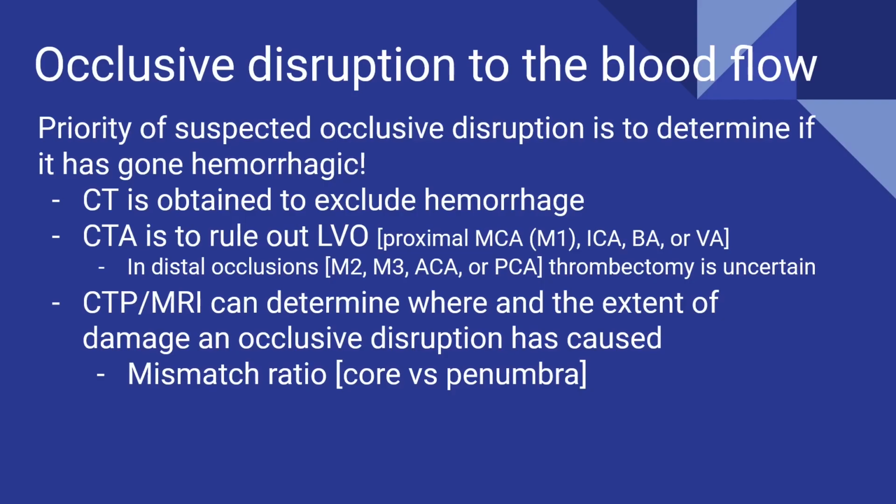The idea is that we're looking for where the core ischemic damage is, the stuff that's not savable, the tissue that's already dead, and then we're looking at this idea of a penumbra, this tissue that could potentially be saved if we resolve the issue soon enough. And if that ratio results in a state where the patient would have considerable recovery, then they may go ahead and try to rescue that clot.